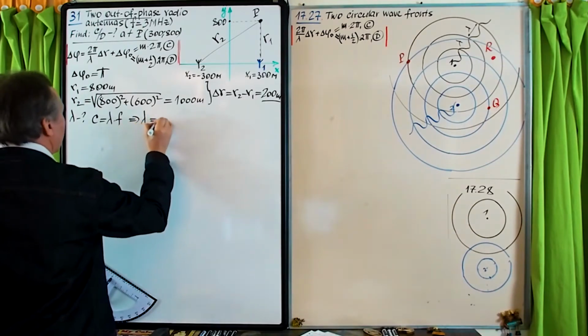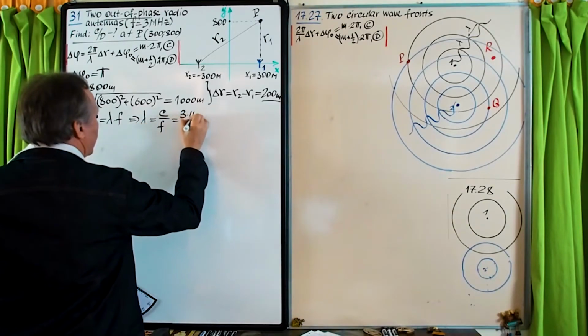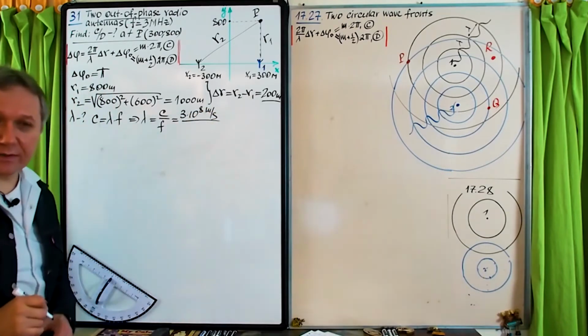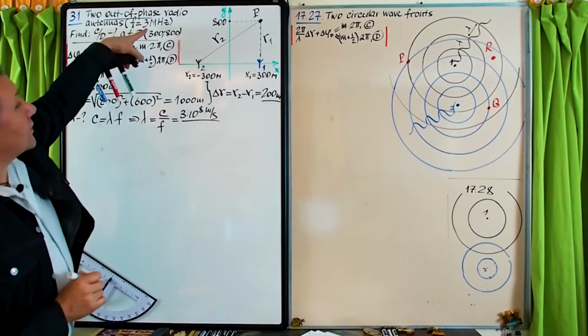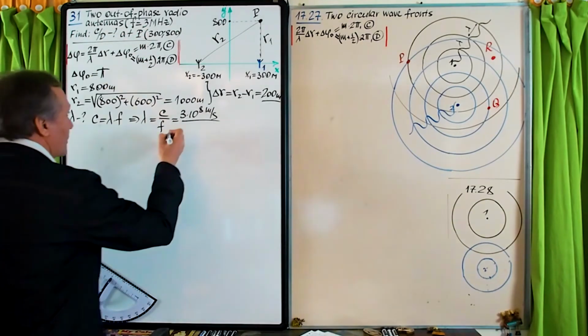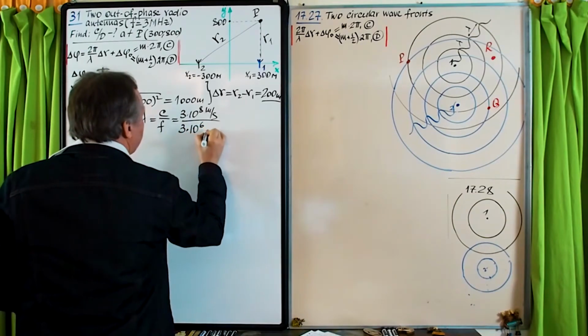We need the wavelength, so it will be c divided by f. So c is 3 times 10 to the power of 8 meters per second, divided by the frequency, 3 mega, 10 to the power of 6. At this point, probably you remember. Sooner or later, you will remember all these prefixes.